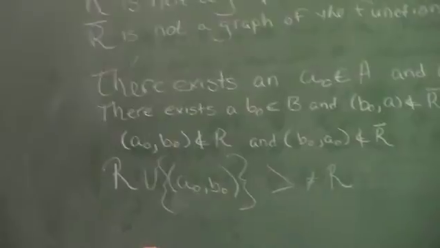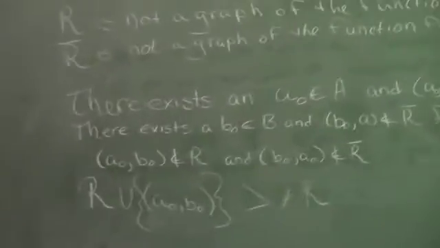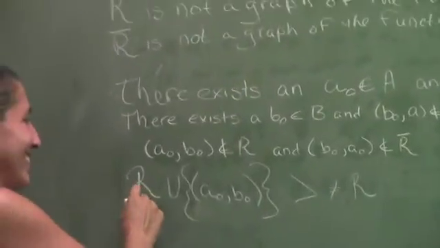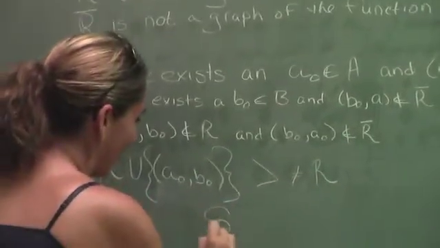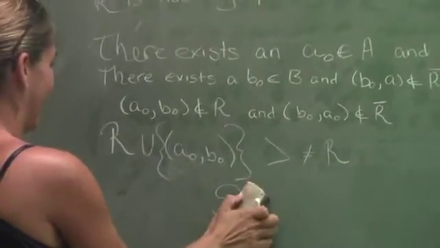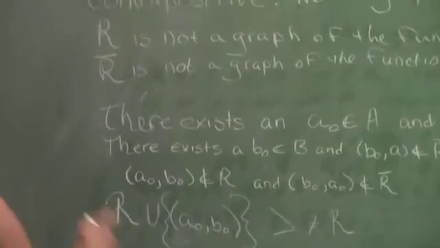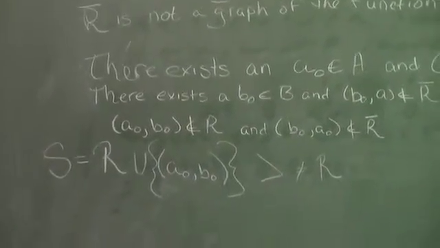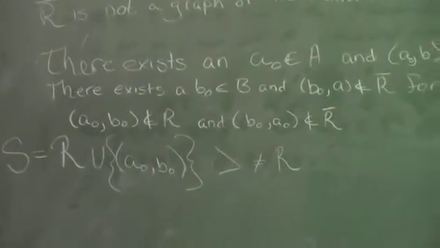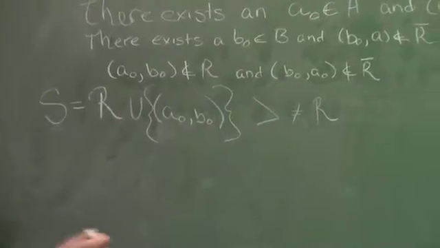I would call it D for the Doberman. Make it S, it's the next letter. Okay, so just put an S to the left and put an equal sign, S equals that R union the element. I see. Is injective and well defined.